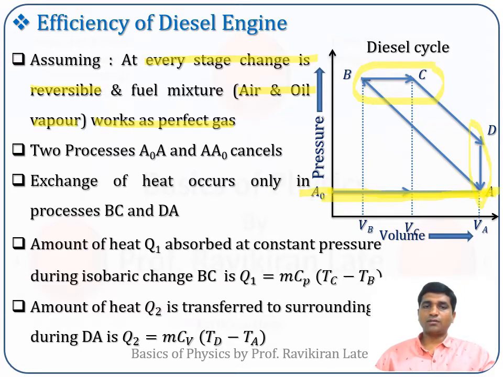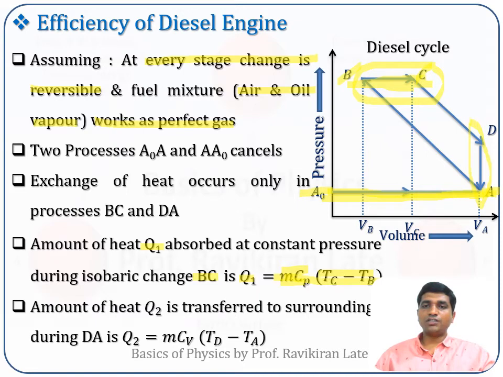So along the change BC, let us say Q1 amount of heat is absorbed from the source, and this heat can be written in terms of specific heat at constant pressure, because the change BC is occurring at constant pressure. So let us say Cp is the specific heat at constant pressure. So you can write down Q1 is equal to m Cp into Tc minus Tb, that is the change in temperature going from point B to point C.